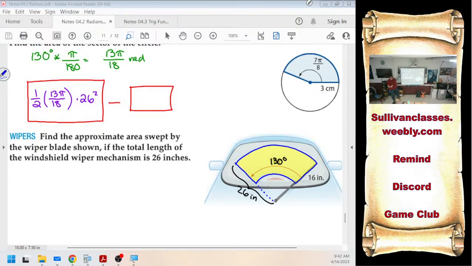If the wiper is 16 and the entire mechanism is 26, 1/2 times 13 pi over 18 times 10 squared. Here, let's get this bigger. Okay, the big sector minus the little sector. The unshaded sector needs to get out of there.